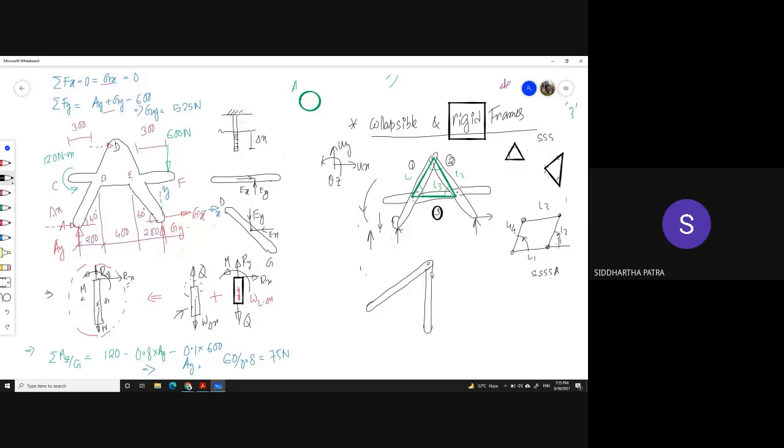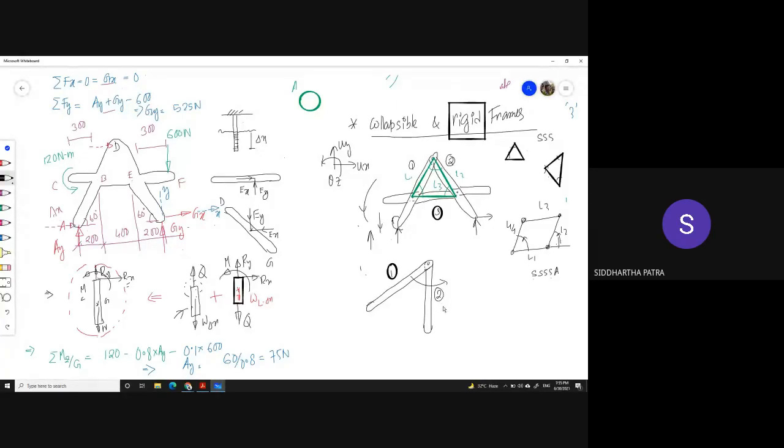Now, this doesn't make a rigid frame. If I were to call this one member 1 and this one member 2, member 2 is not completely fixed with member 1, which basically means, of course, if I hold member 1 somehow, member 2 cannot fly away anywhere, but it can perform rotation about member 1.